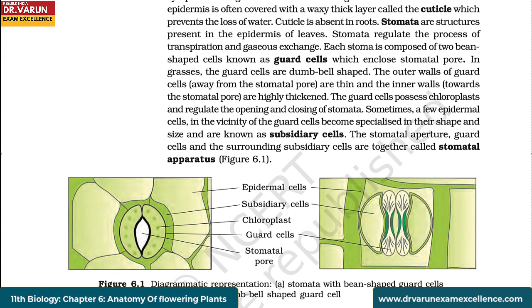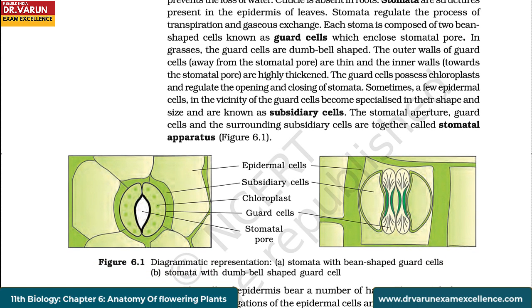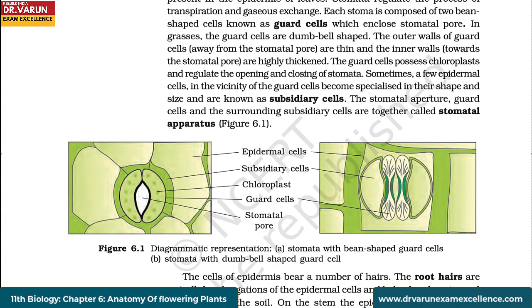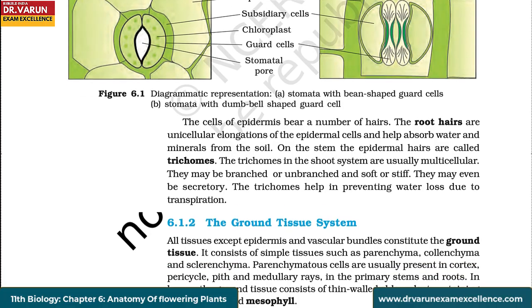The guard cells possess chloroplasts and regulate the opening and closing of stomata. Sometimes, a few epidermal cells in the vicinity of the guard cells become specialized in their shape and size and are known as subsidiary cells. The stomatal aperture, guard cells, and the surrounding subsidiary cells are together called stomatal apparatus.